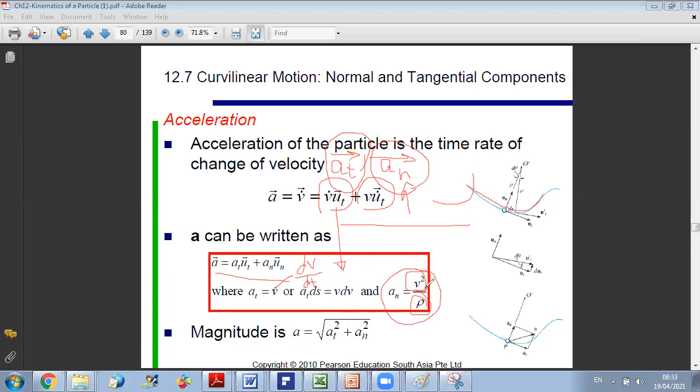So always, when you have a curved motion, it's possible to have AT zero in case of no change in speed, but it's not possible to have AN zero as long as I am moving on a curve, because to change direction of velocity, I need an acceleration, which will be directed along the normal component. So in total, the total acceleration in curvilinear motion can be calculated as the radical of AT squared plus AN squared.